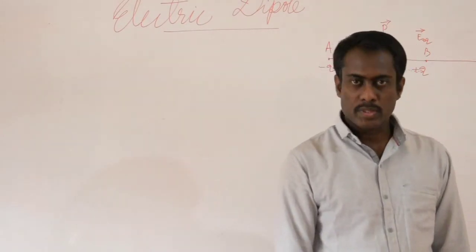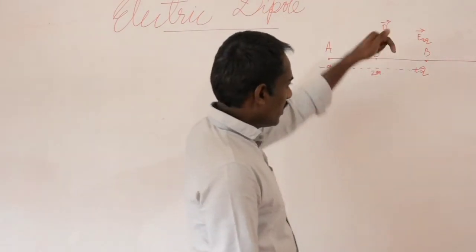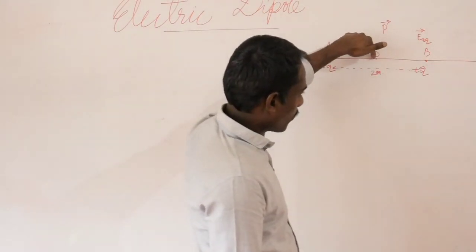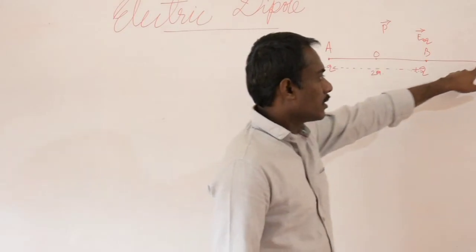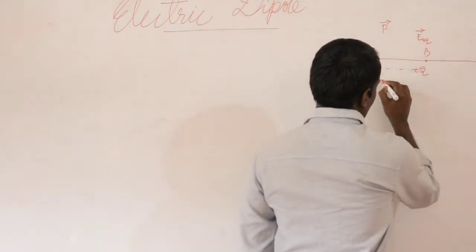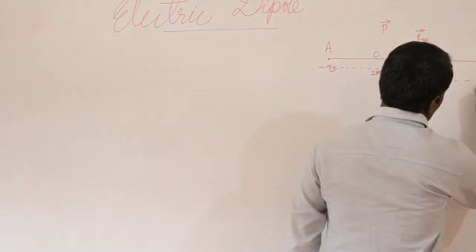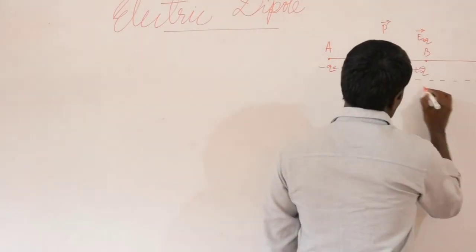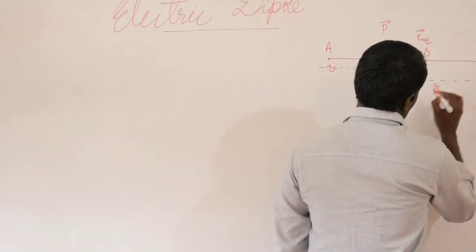The distance between the midpoint O and P is taken as r.